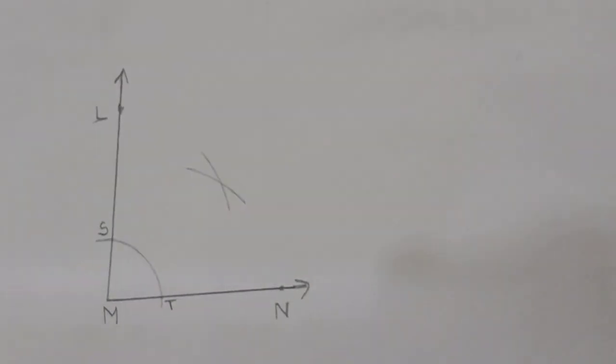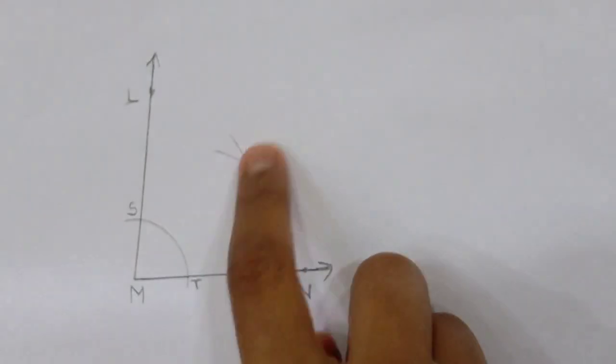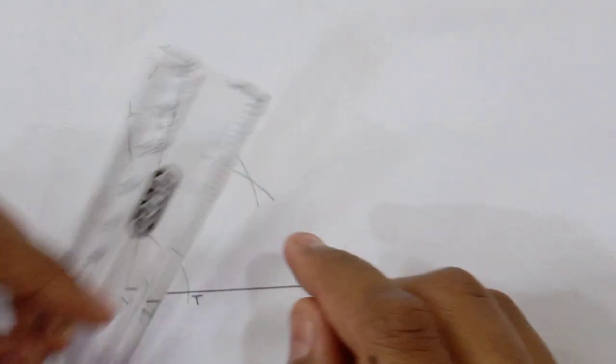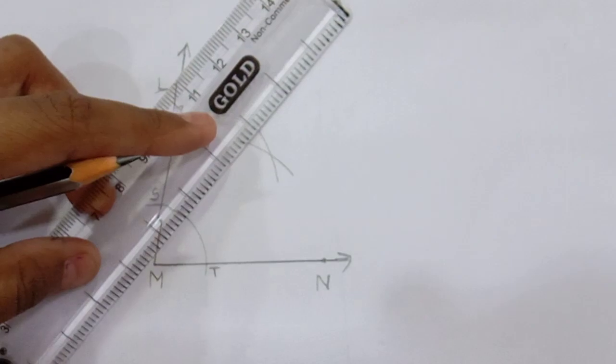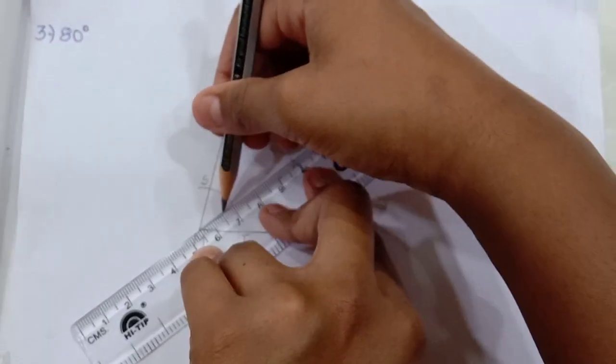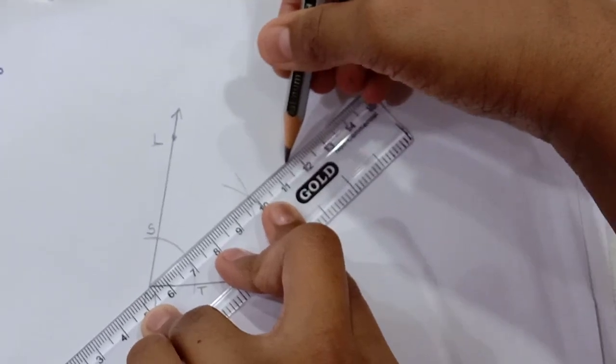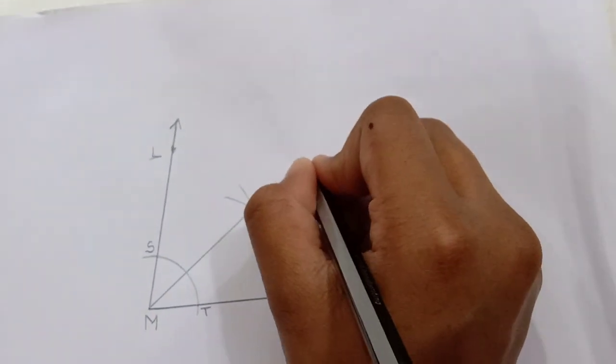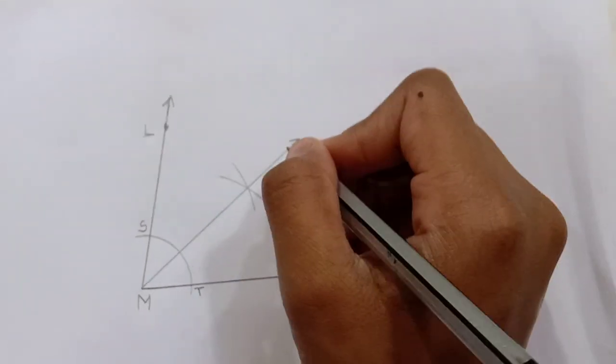Very simple. Now the point of intersection which we got, we have to make the line. So children, make the line. So we have got a line and arrow.